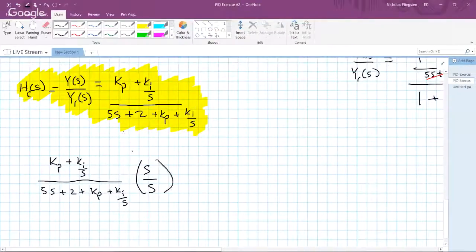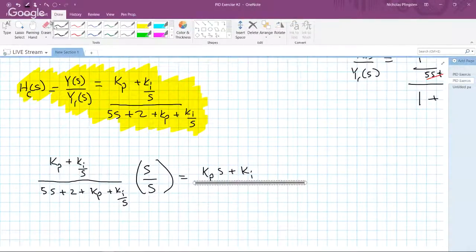S over s, which will transform this into this now. KPS plus KI, over 5s squared plus 2s plus KPS plus KI.